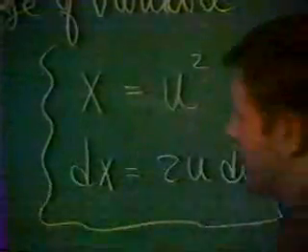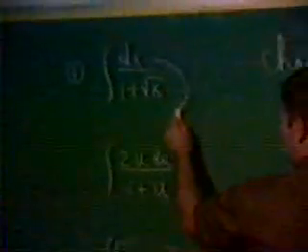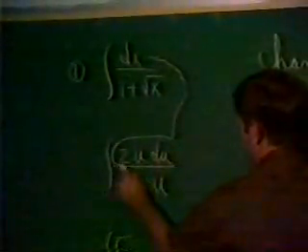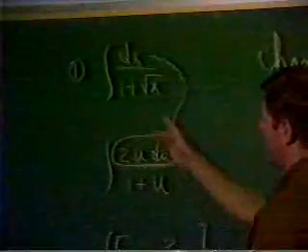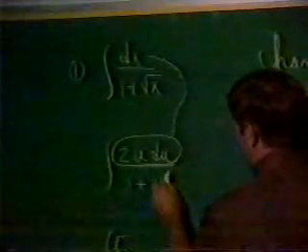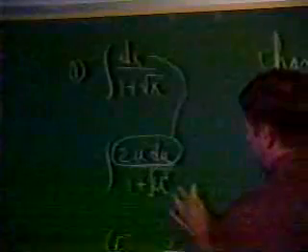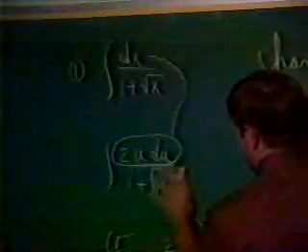All right, making our substitutions. In place of dx, we've written 2u du. In place of x, we've written u squared. So really, what we have is the square root of u squared, which is simply u.